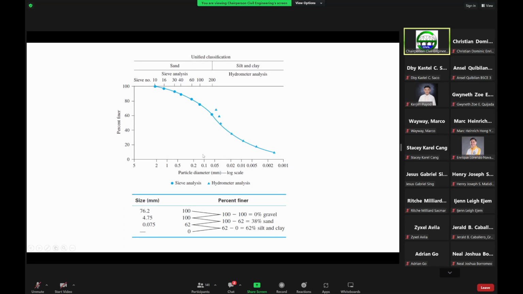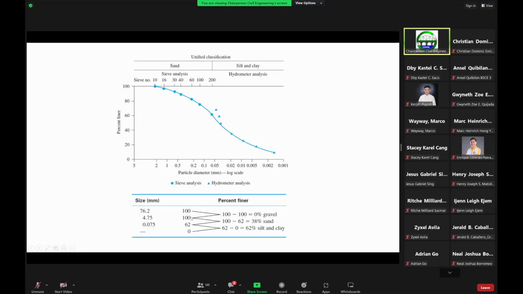For example, where is this 76.2 millimeters? It's not here in this graph. So if it's not here in the graph, automatically there is no gravel. That's zero. Here, for example, the 4.75 is somewhere here, so that's probably 100%.